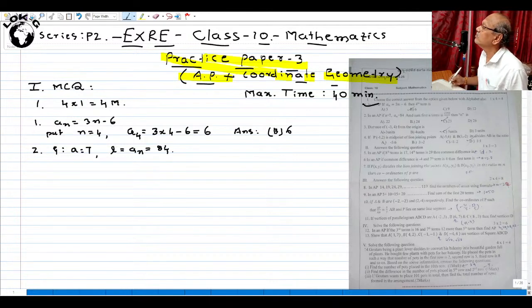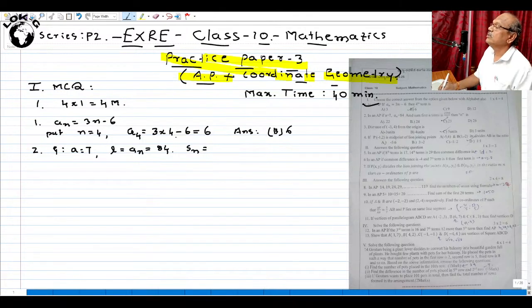And the sum of n terms of the AP, S_n, is given as 2093 divided by 2. You are asked to find the number of terms.